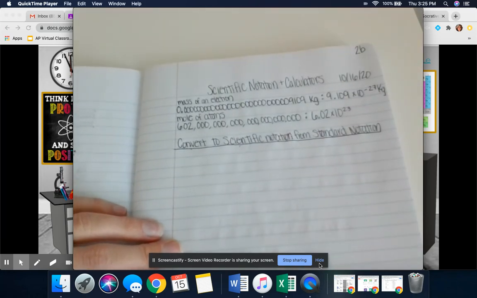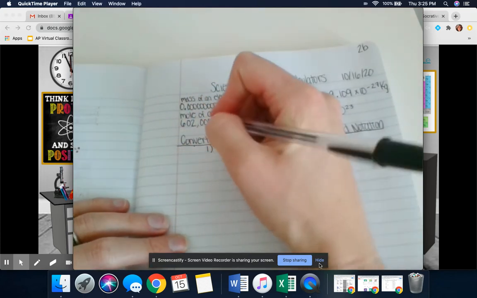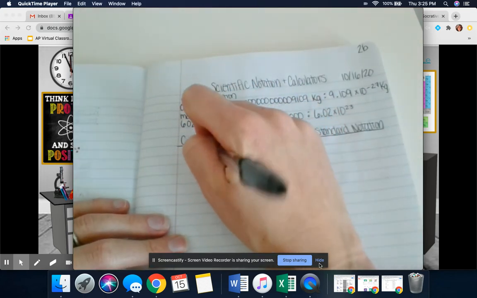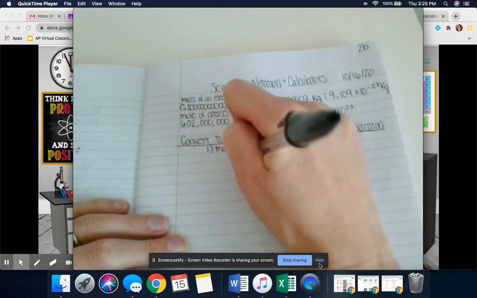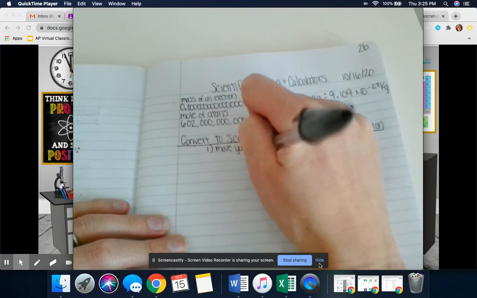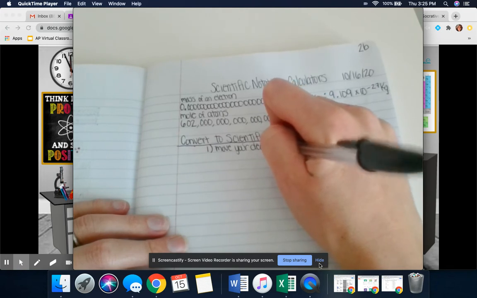Okay, so here are the steps that you're going to follow. Number 1 is move your decimal until there is only one number in front of it.